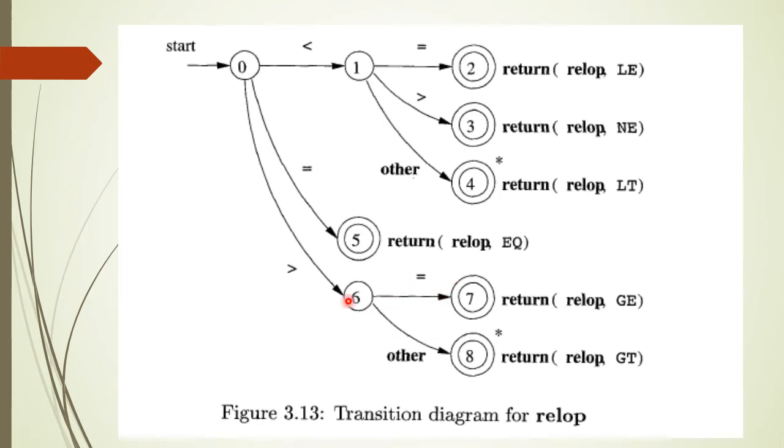Other than this equal symbol, if you get any symbol from state 6, I will end up in state 8 and return the greater than symbol after retracting to the previous state, which is denoted by this star symbol. So the asterisk sign, the star symbol, indicates that we must retract the input one position.